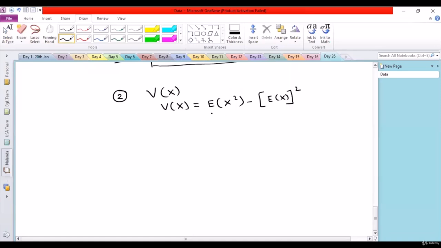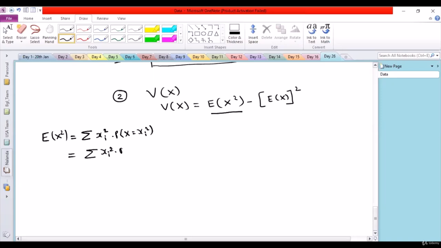I'm taking this term, expected value of x square. In place of x, you have x square. So from the definition perspective, I write this as xi square times probability at x equal to xi.